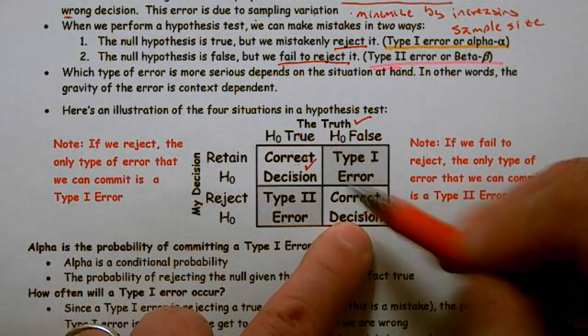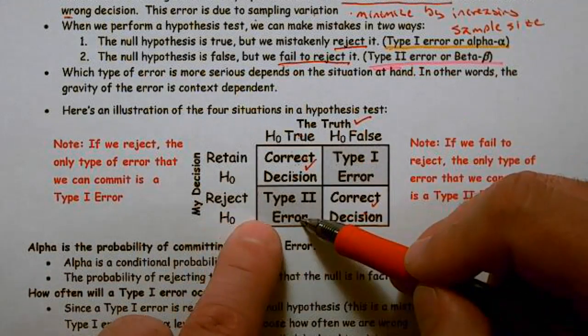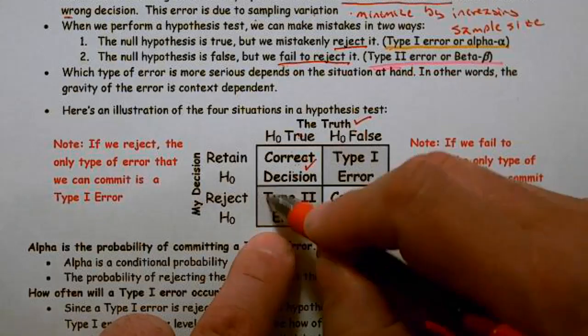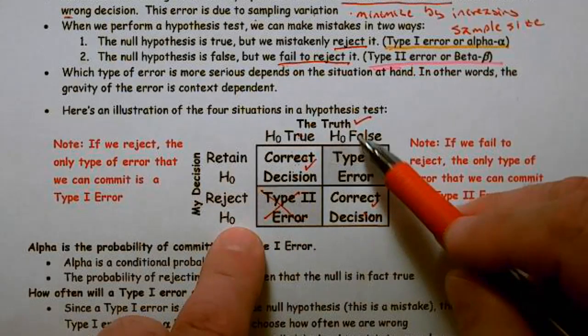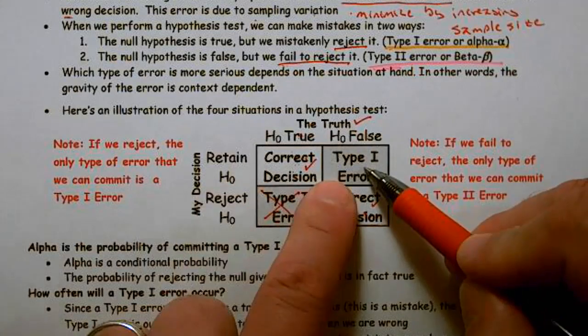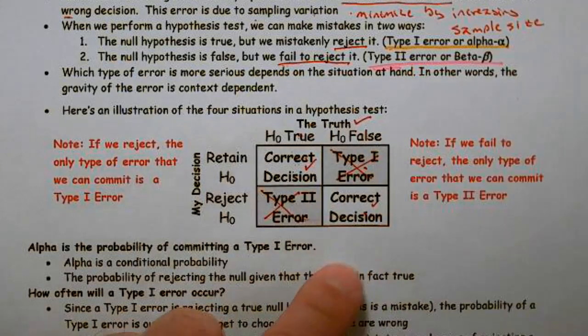On the other hand, let's just say the null is true and I reject it. I rejected the truth, which means I'm now believing a lie. And so this is bad, all right? Over here, the null was false and I believed it. So I also here believed a lie.